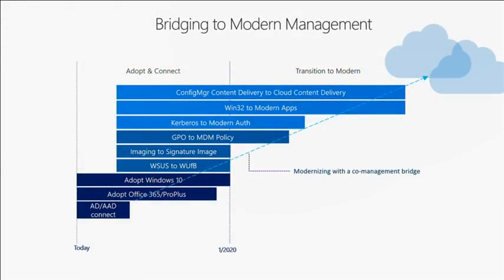So this is a conceptual diagram for how you could think about transitioning to the cloud. Now, it's not a recipe, and each of you may be doing it differently, but there are a few things to note here. One is that the management tools that you're using are just one aspect of end user computing.